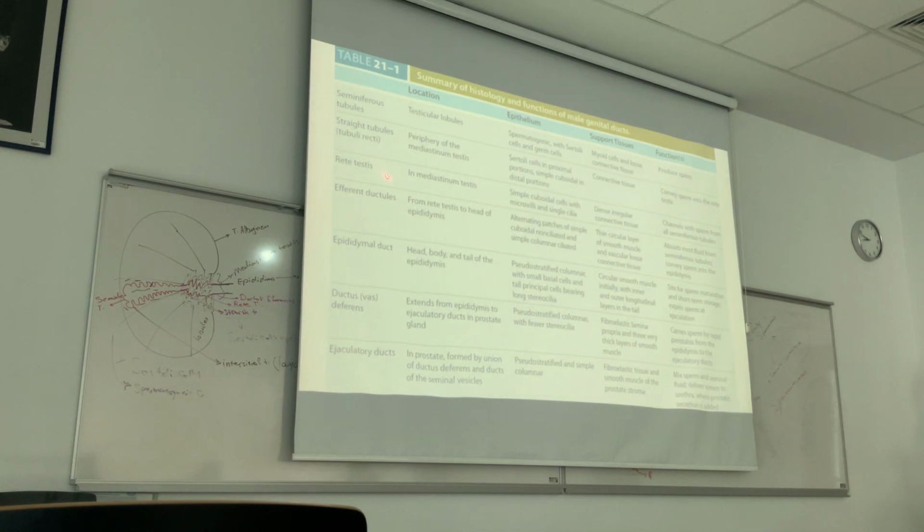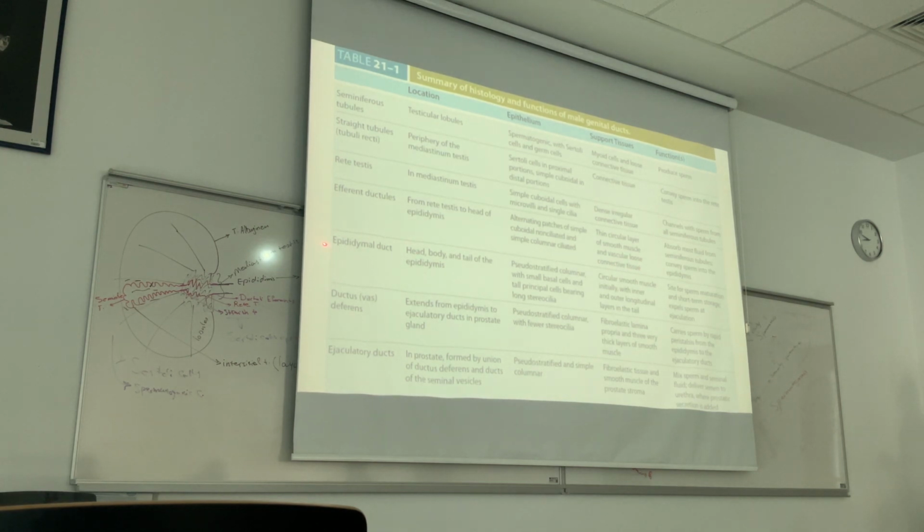In ductuli efferentes, we have simple cuboidal and simple columnar ciliated cells. It's very important. In the wall of ductuli efferentes, we have a thin layer of smooth muscle cells. Very important. And loose connective tissue.